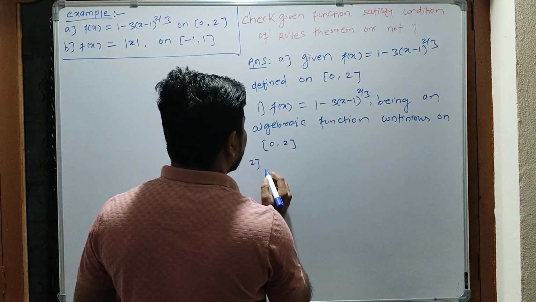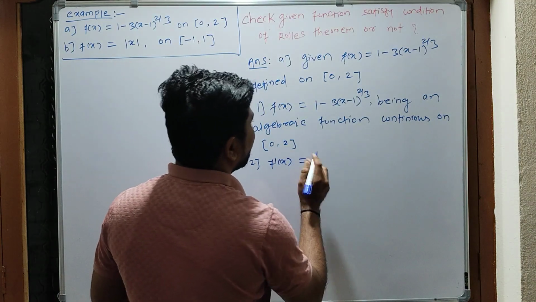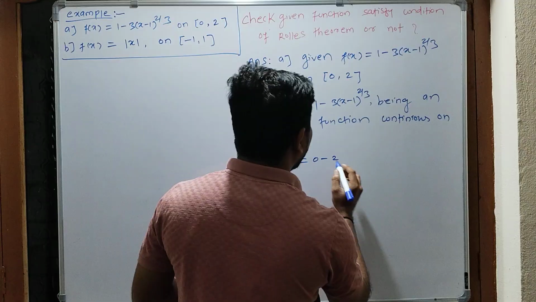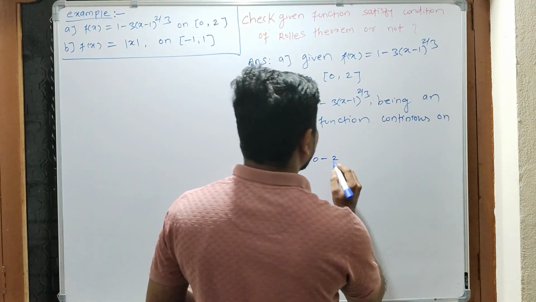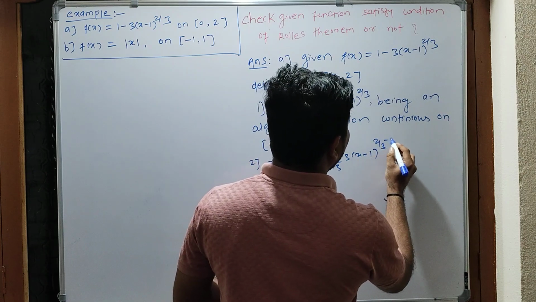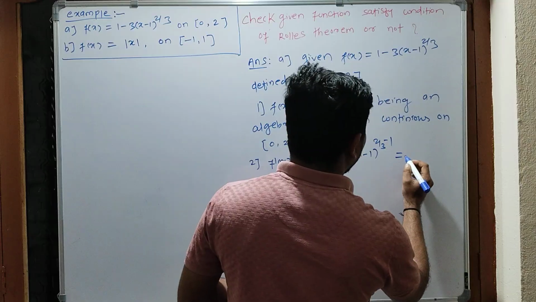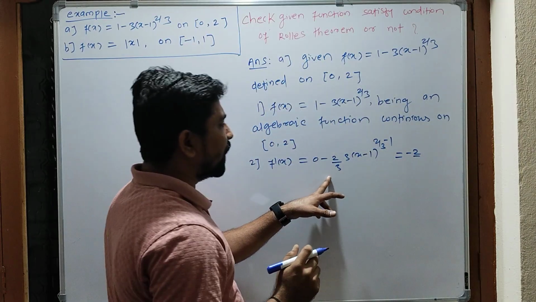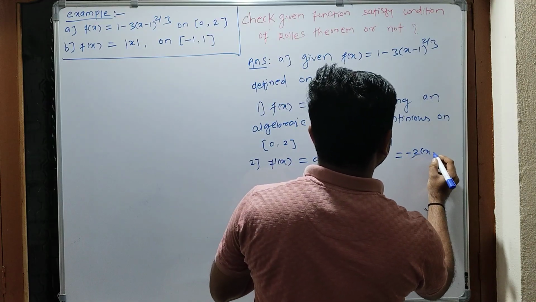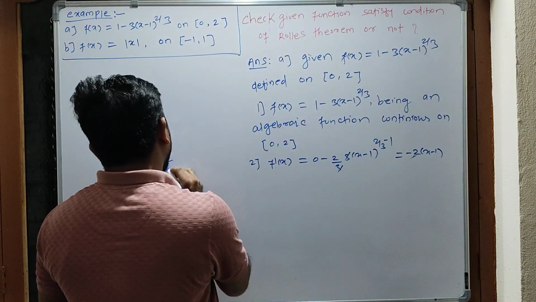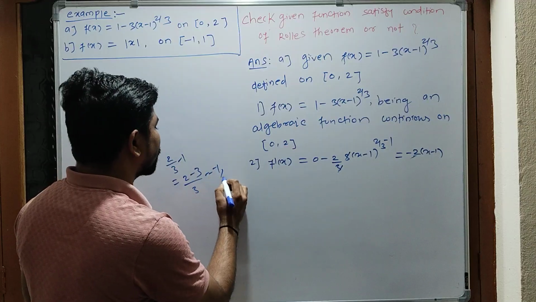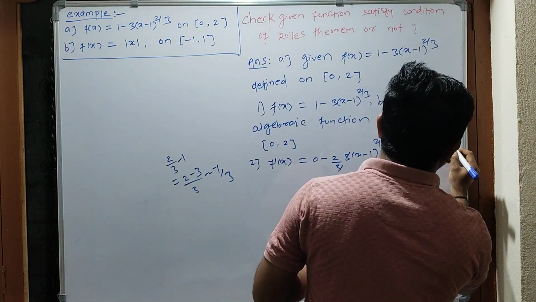Here f'(x) equals: the derivative of 1 is 0, minus, the derivative of x^n is n x^(n-1). So 2/3 times 3 (x - 1)^(2/3 - 1), where 2/3 - 1 = (2 - 3)/3 = -1/3.